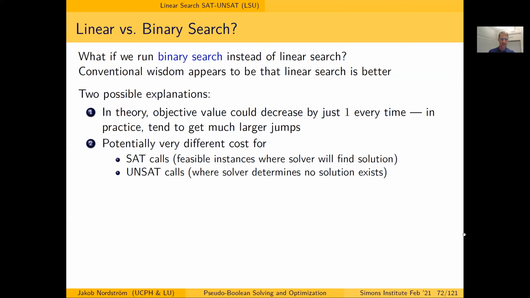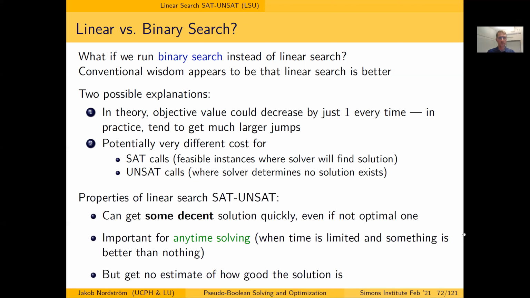And it tends to be the case that these unsat calls are more expensive than the sat calls. So if you do a binary search, then a lot of your calls might be unsat calls, and so they might be quite expensive compared to going with linear search and getting all calls sat calls until only a final expensive unsat call.